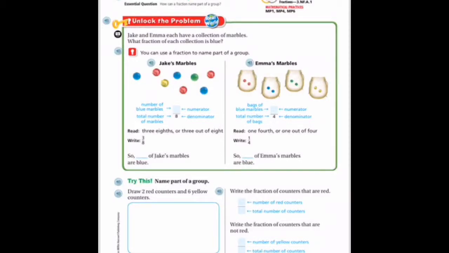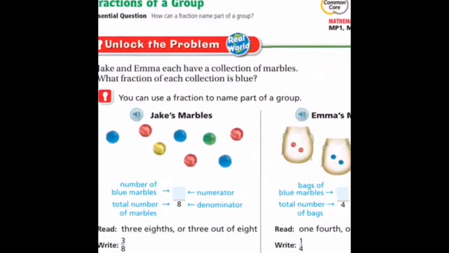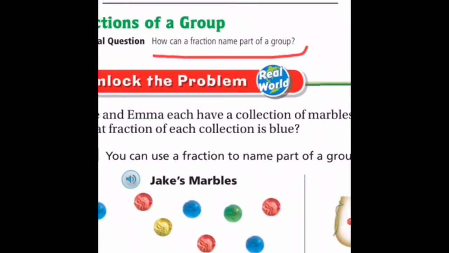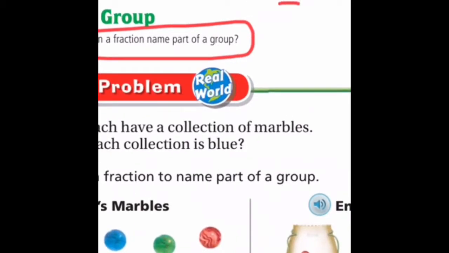Alright, boys and girls, today we're on lesson 8.7 on page 481, and we are looking at fractions of a group. And the essential question today: how can a fraction name part of a group? If you remember from previous lessons, a fraction can name part of a group because the numerator, like say 3/4, my numerator is 3, that's a top number.